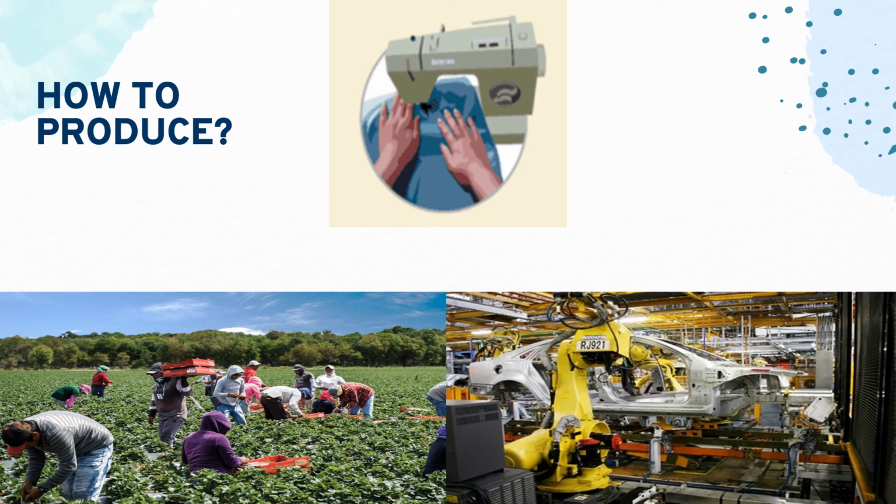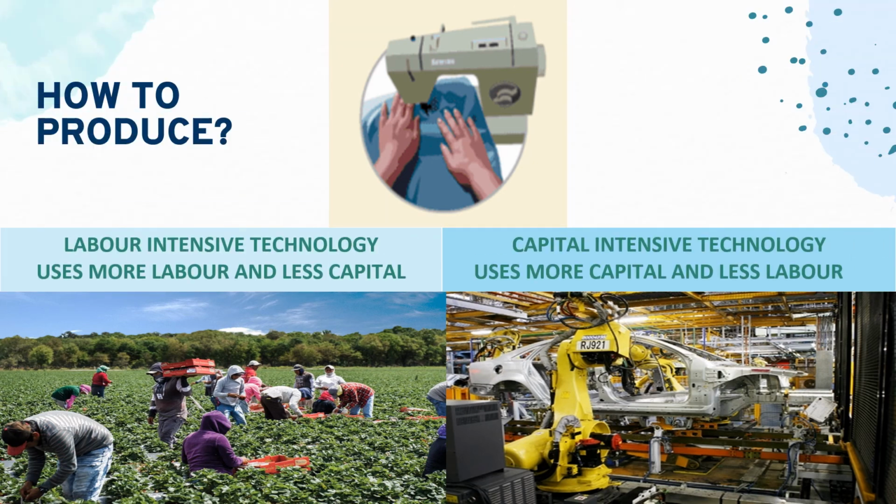You can see there's hardly any labor being used, but everything is being done by machines. It's all automated. So we have two types of technologies. One is the labor-intensive technology, which uses more of labor and less of capital, what we see in the picture. And the other is the capital-intensive technology, which uses more capital and less of labor. This problem is also known as the technical or technological problem.